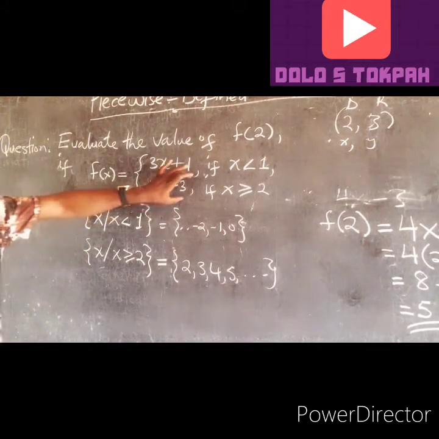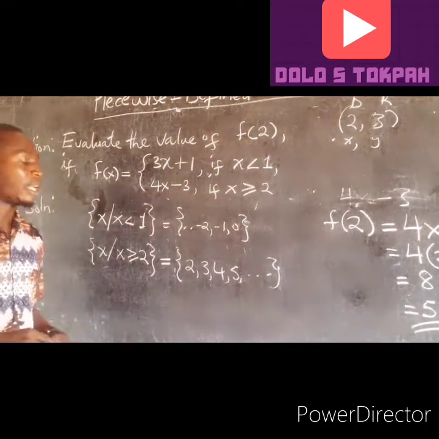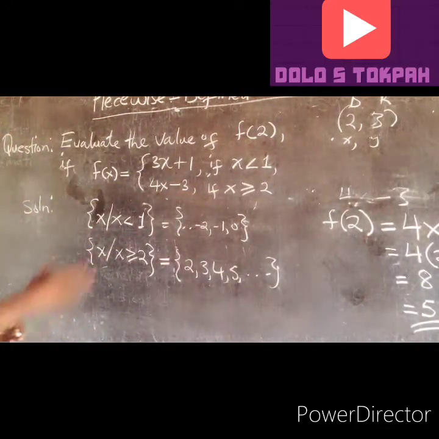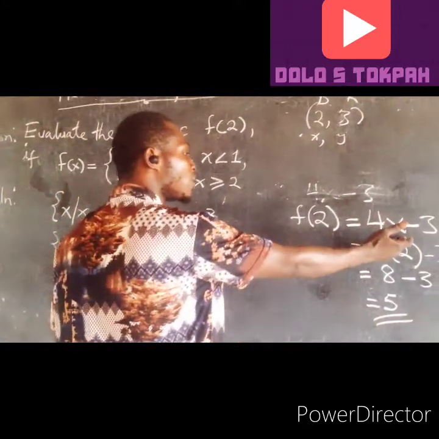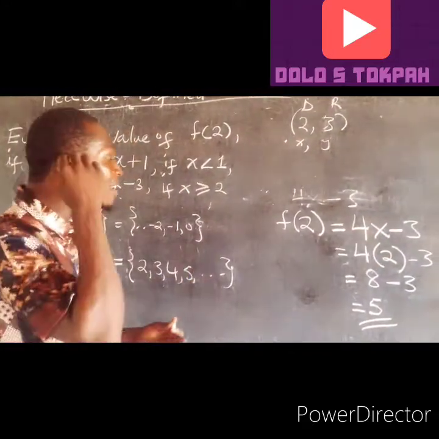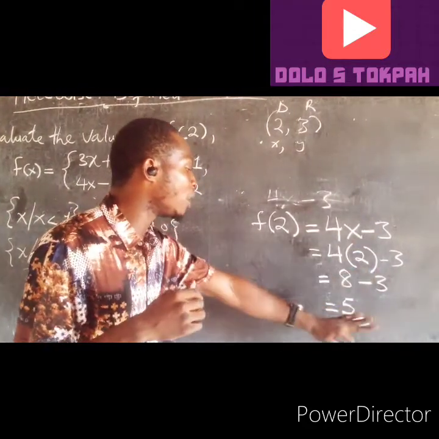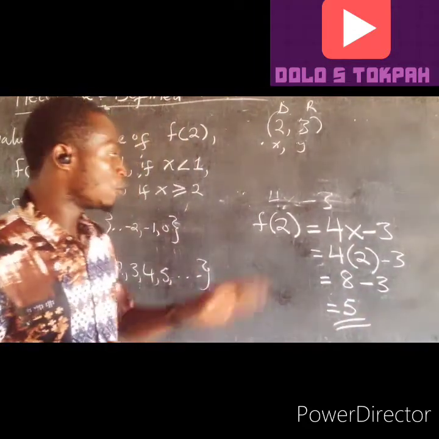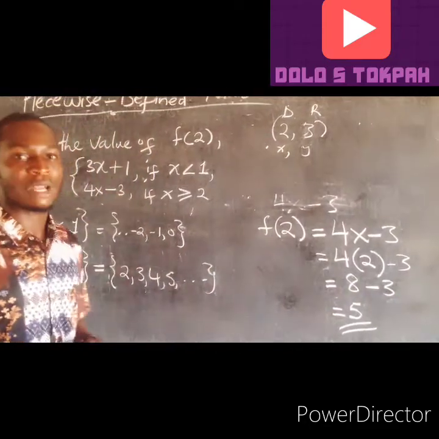Therefore, we just capture the second sub-function to solve our problem. In 4x minus 3, everywhere we see x, we place the value of the domain, 2. And finally, we have positive 5 as our solution for this piecewise-defined function.